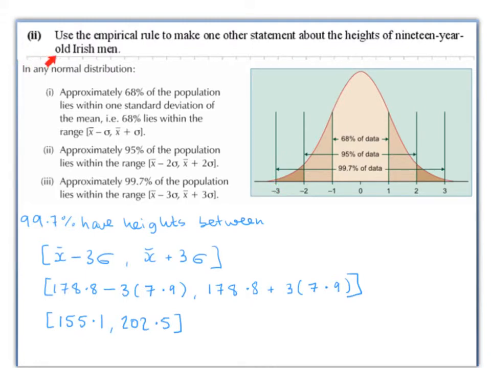So, in any normal distribution, approximately 68% of the population lies within 1 standard deviation of the mean, i.e. 68% lies within the range x bar, representing the mean, minus 1 standard deviation, comma, the mean plus 1 standard deviation.